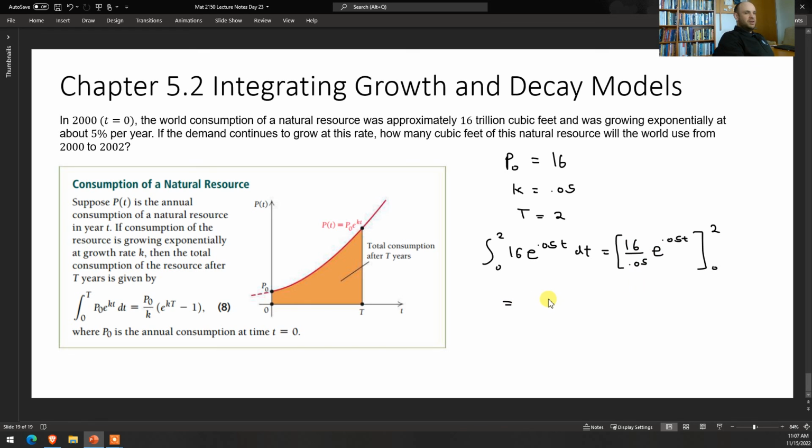We can bring this constant out front. 16 divided by 0.05 gives us 320. And now that's e raised to the 0.05 times 2 minus e raised to the 0, which gives us 1.